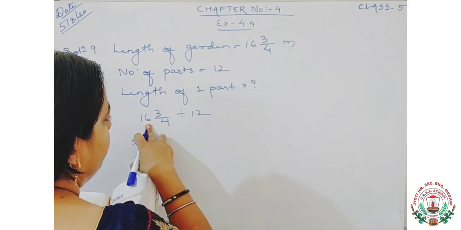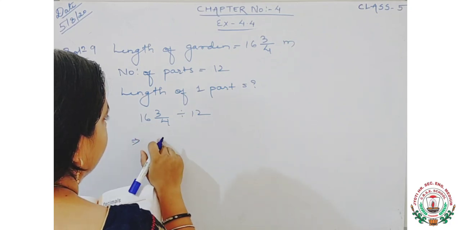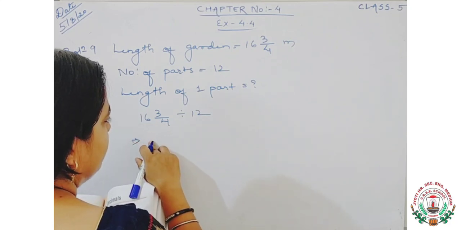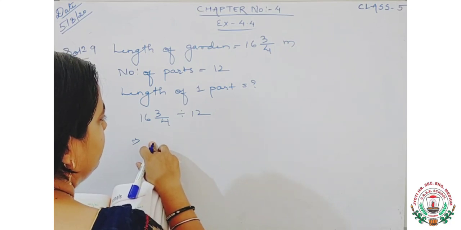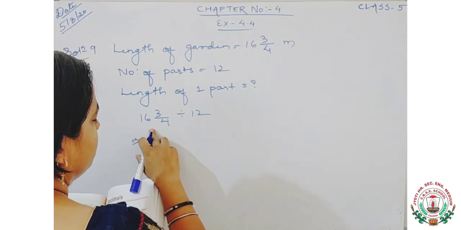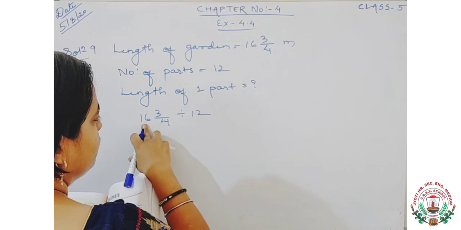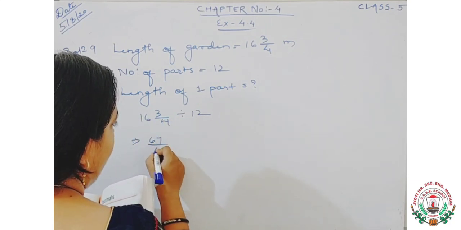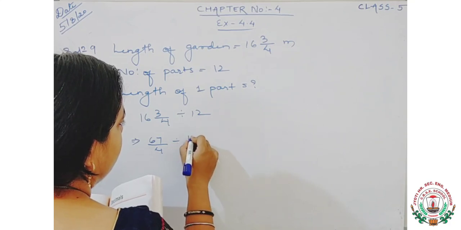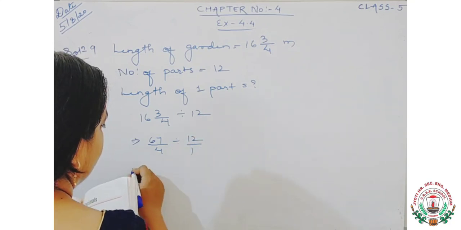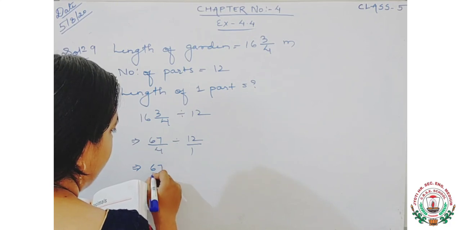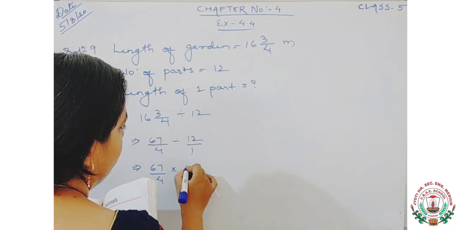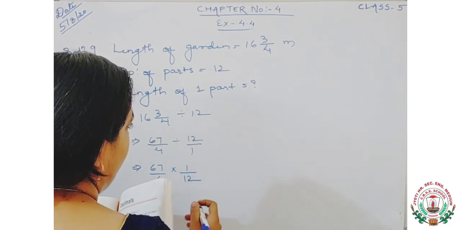What is 16 4s are? 16 4s are 64. 64 plus 3 is 67 upon 4, divided by 12 by 1. So 67 upon 4 into 1 by 12.